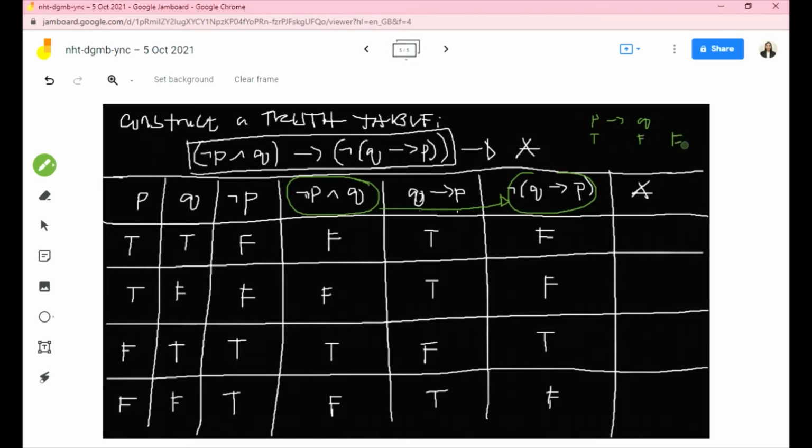This will be the only case. So let's begin. F implies F, that is T. F implies F, that is T. T implies T, that is T. F implies F, that is still T. So you see our conclusions are all true, then that means we can consider this one as a tautology.